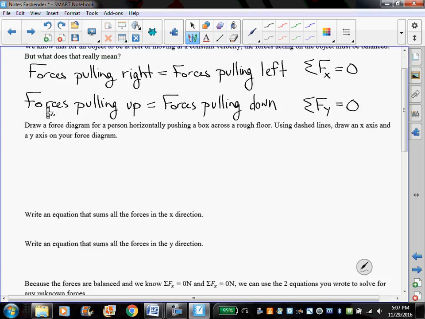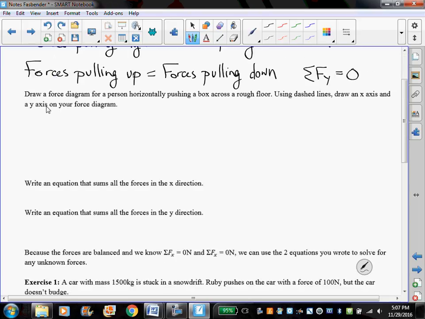So let's look at a force diagram and try to look at whether or not the forces are going to sum up to be 0. So we've got a box, and we've got a person who is trying to push this box. Okay, so we are very interested in the box, so we will make the box into our system, and we will give a dot for the center of gravity of the box.